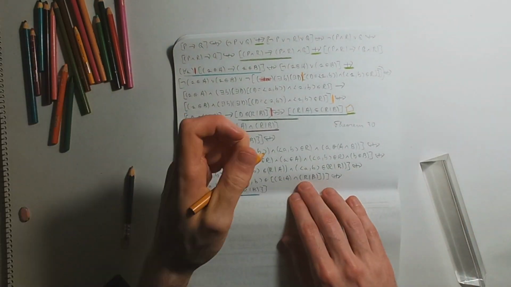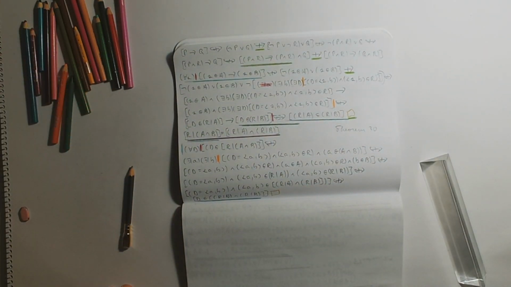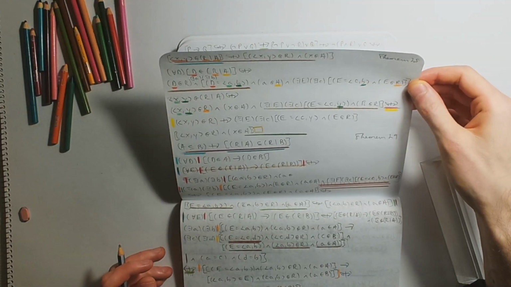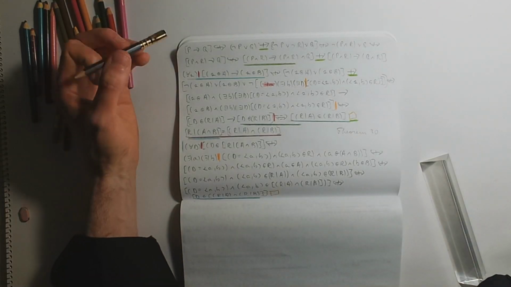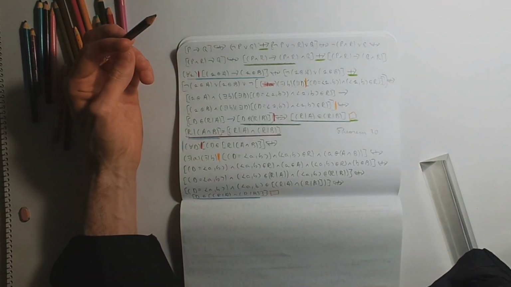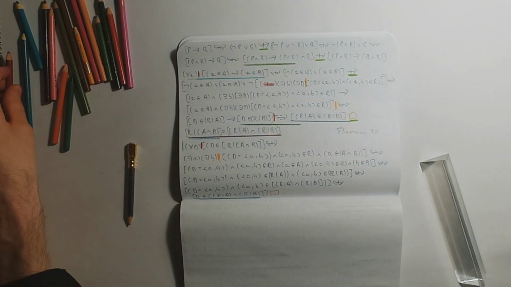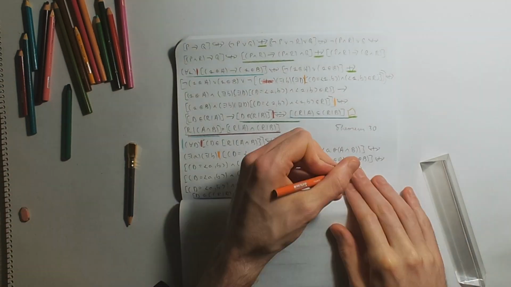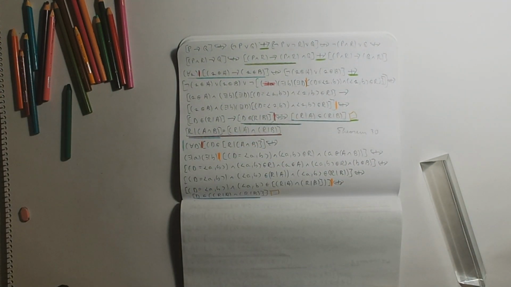With no step down. Am I gonna redo that 29? I think I get the point. Okay, let's see. Step down orange quantification here. Right.